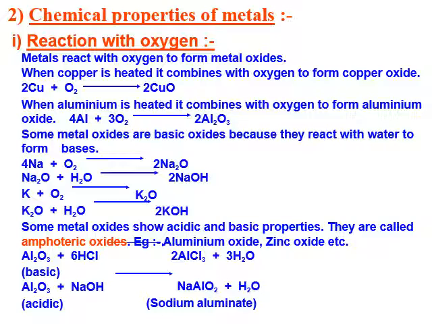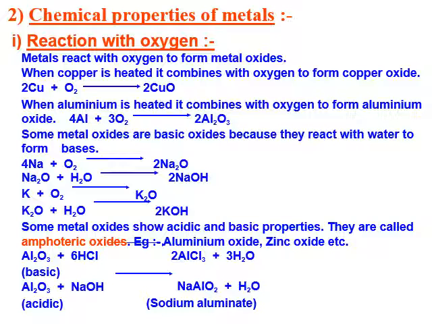Likewise, potassium combined with oxygen forms K2O, potassium oxide. And when potassium oxide combines with water, it gives 2KOH, potassium hydroxide. So, metal oxides combined with water give bases. That's why they are known as basic oxides.